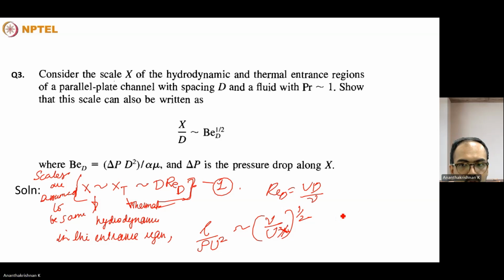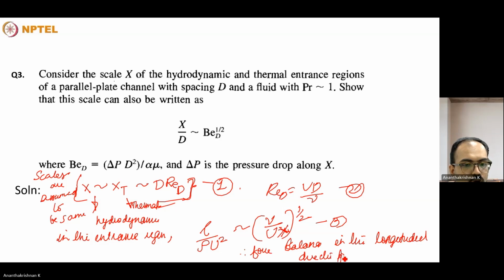Therefore, force balance in the longitudinal direction gives a correlation between the shear stress and the pressure.